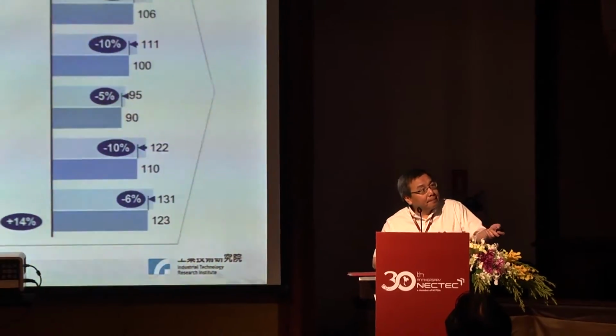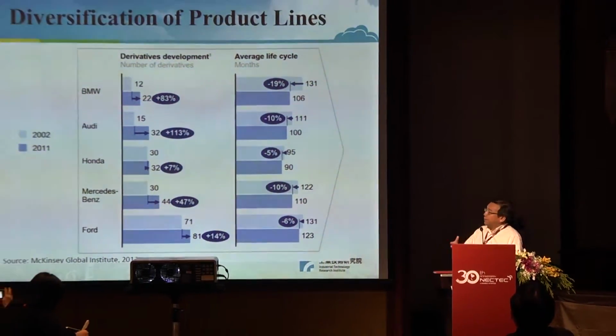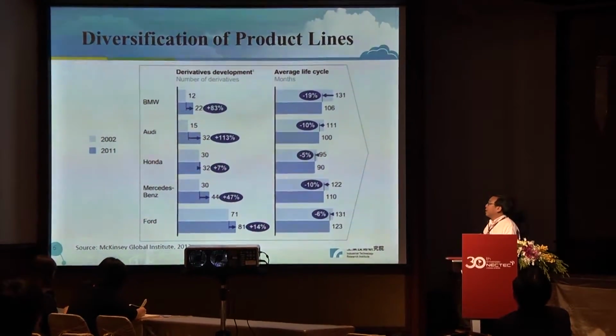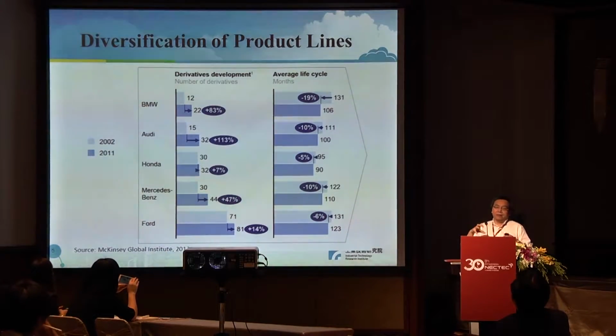So that's the technology push side. Now, from the demand pull side, why are we talking about Industry 4.0? One of the reasons is the evolution of the economy, where more and more people want a wider diversity of product lines. They want more different types of products.